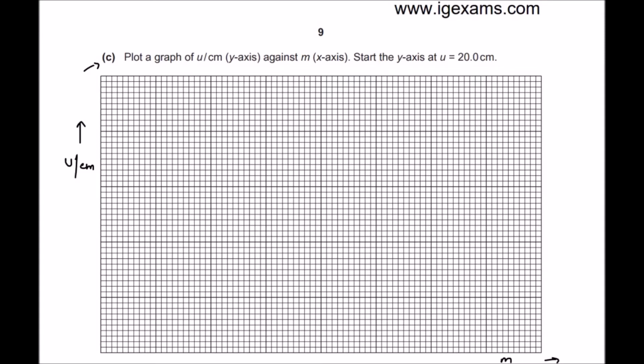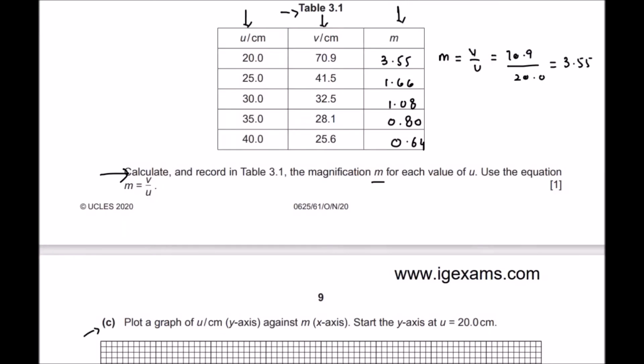Jump on the table one more time. For the graph, we will use values of u from this column, 20, 25, 30, 35 and 40, and magnification from this column. To plot a graph, first of all you need to draw a scale.